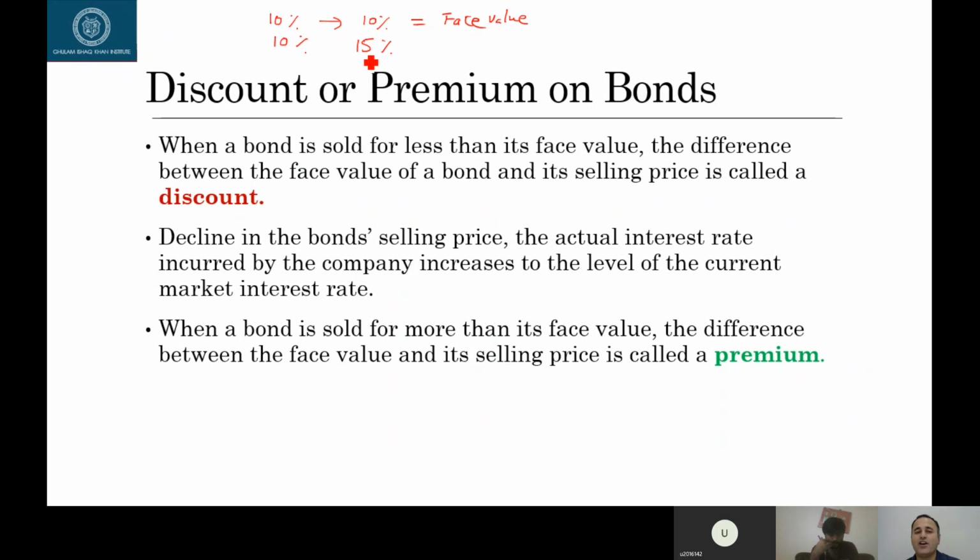Junaid, tell me, would you like to pay face value for that bond or would you like to buy at a discount? Sir, at a discount. Good. The reason is the company is paying only 10%, but the company is more risky. You need at least 15%. So it will be sold at a discount.